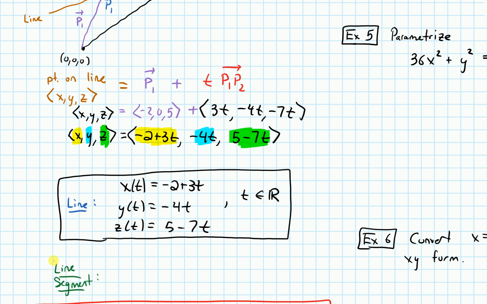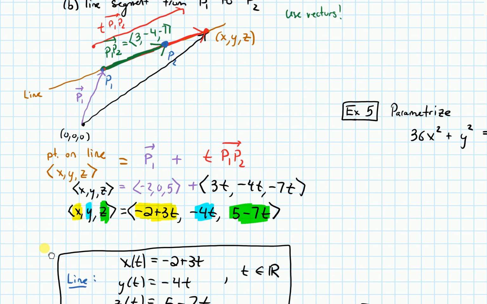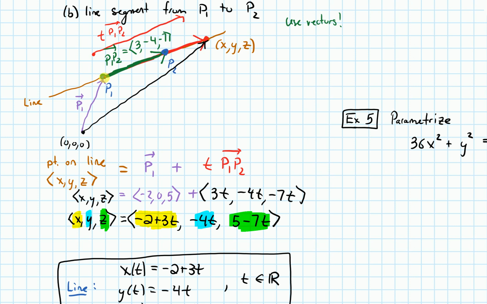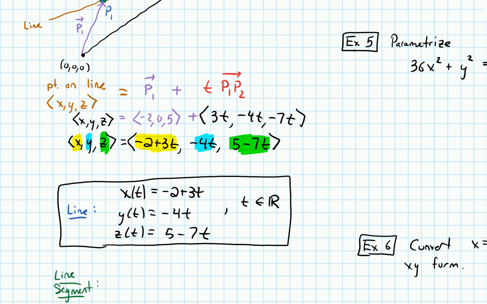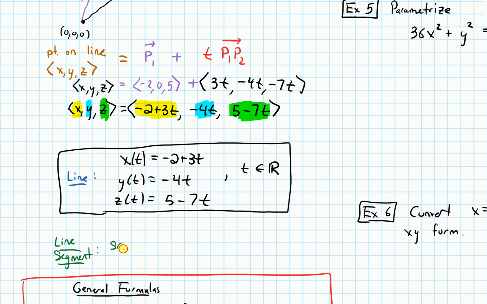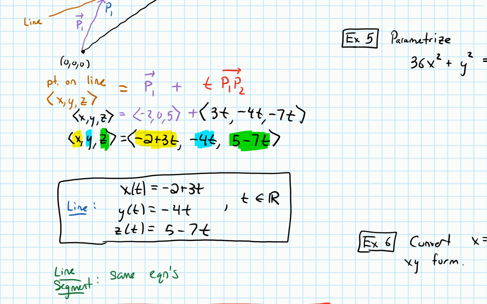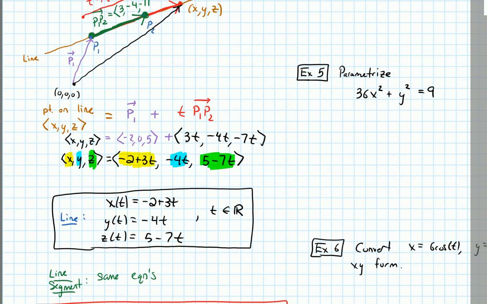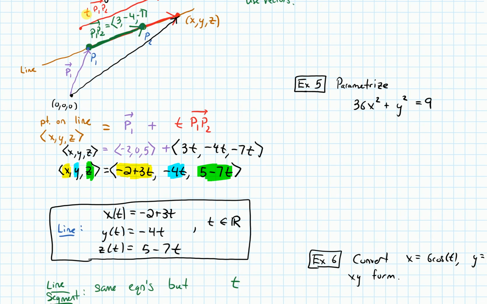If we wanted a line segment instead, if we just wanted the line segment that started at P1 and ended at P2, we have to limit the values that t can be. So it'll be the exact same equations. But if I wanted to start at P1, well, P1 would correspond to letting t, the stretching factor, be 0.